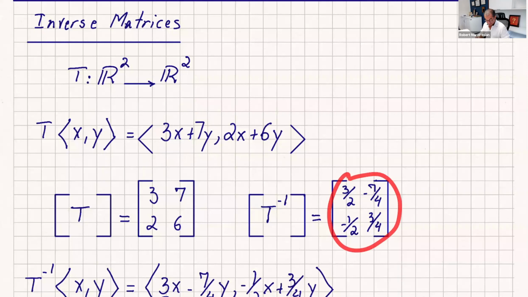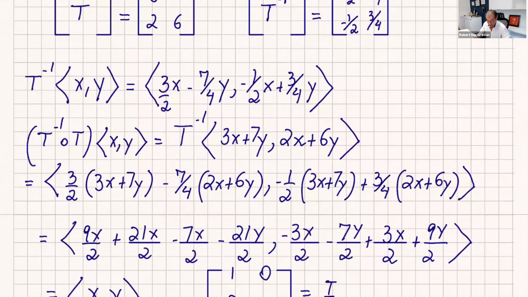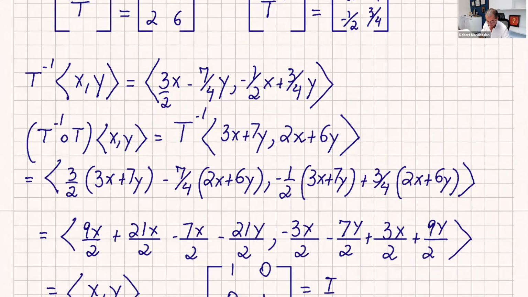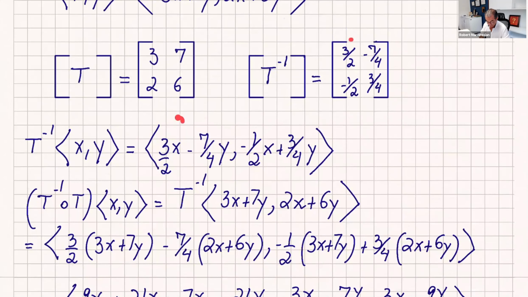If you do T inverse rho T of x, y, so basically you're going to do T inverse of that, the composition of these two matrices. And if you write them, you just substitute. You can go to the inverse, and then instead of x, you can substitute that, instead of y, you can substitute that. If you want to perform the composition, and if you do that, you get x, y.